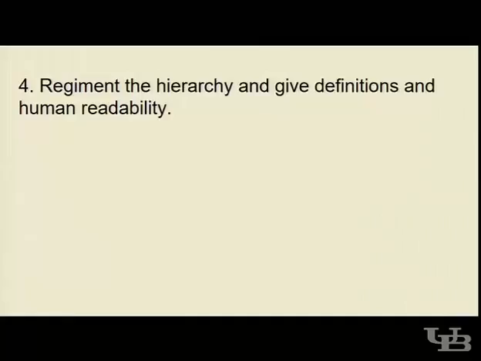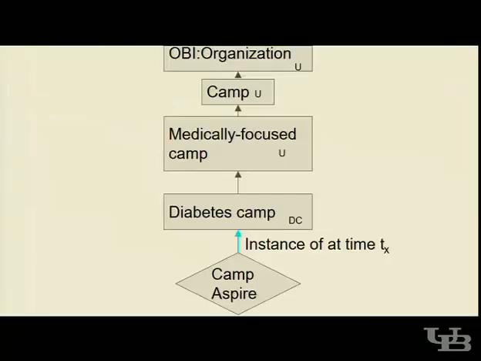Right now, to define diabetes camp, I'm going to regiment everything a little more specifically. So I wanted to first describe what diabetes camp is from an ontological sense. I told you what it means to, let's say, a person who's unfamiliar with ontology, what they mean when they say something like this. So the Ontology for Biomedical Investigations has a term, organization.